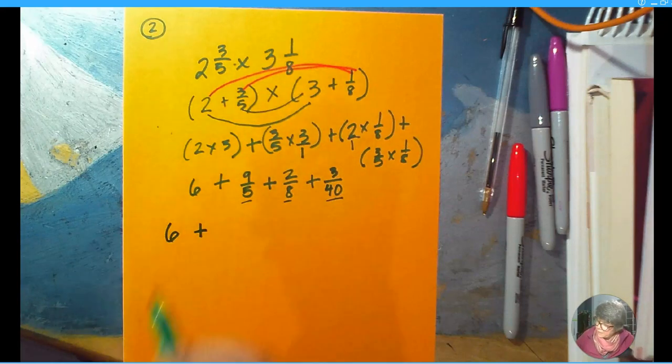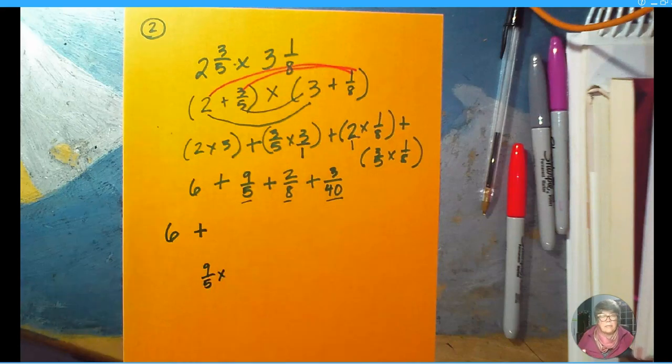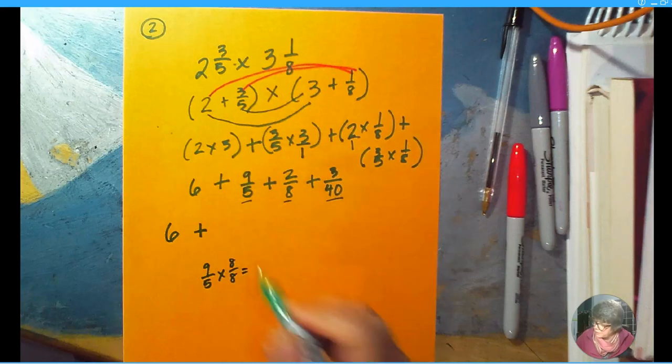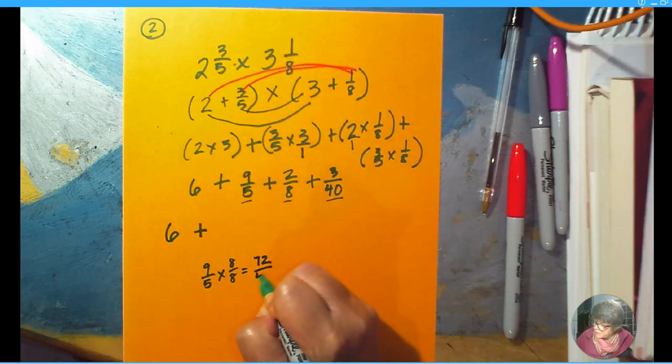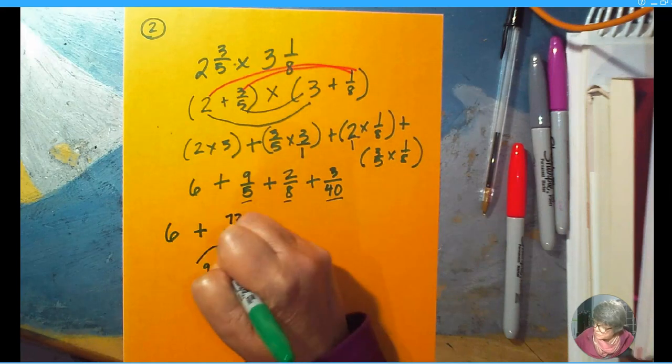Okay, then 9/5. I've got to multiply that times 8 over 8 to change it to 40ths, right? So 9 times 8 is 72. 5 times 8 is 40. This is now 72 40ths.